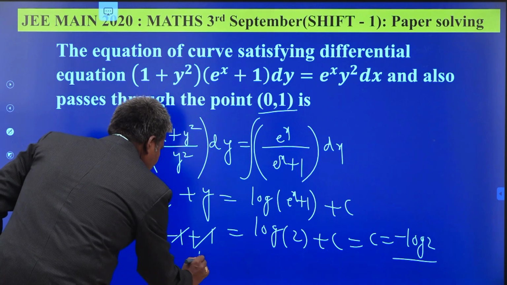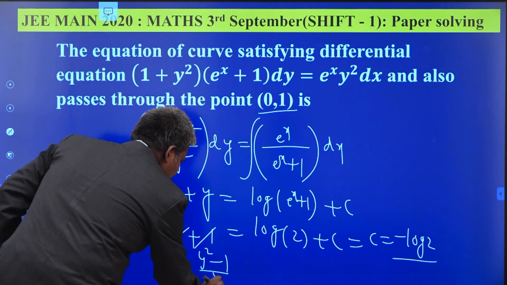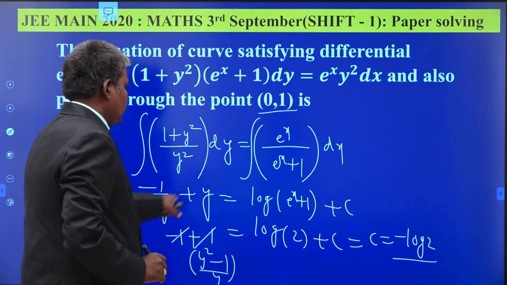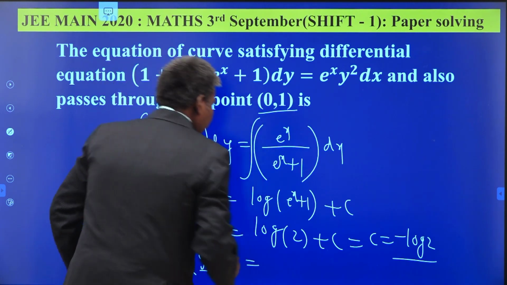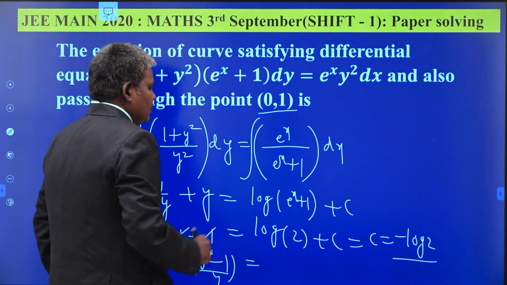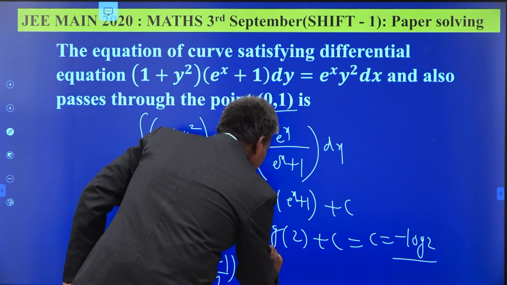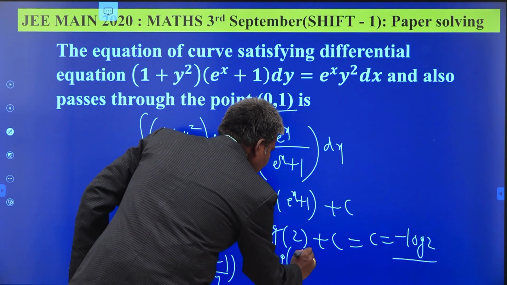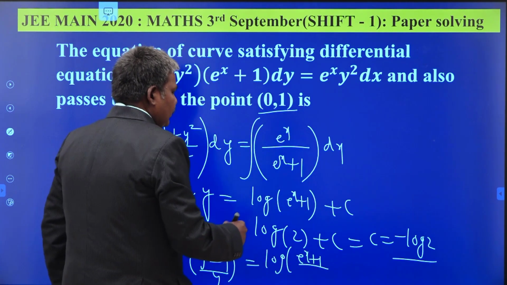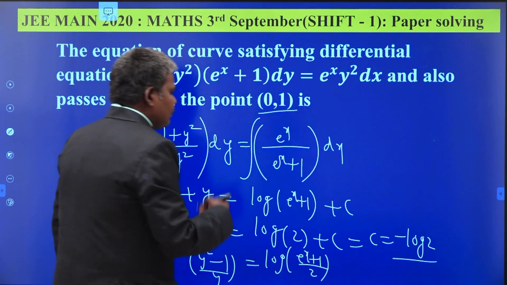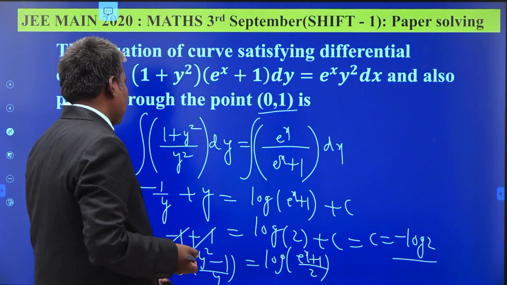y square minus 1 by y is equal to log of (e power x plus 1) minus log 2. This is nothing but log of (e power x plus 1) whole divided by 2, since log m minus log n can be written as log m by n.